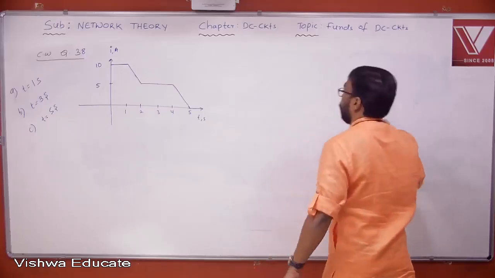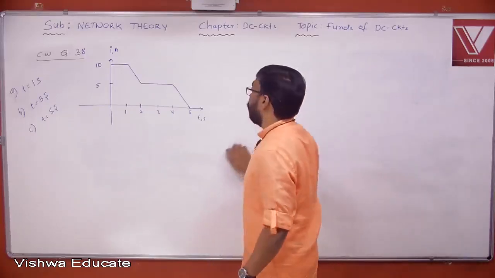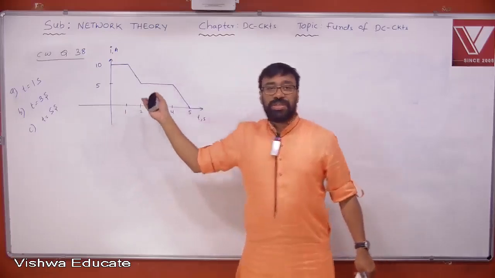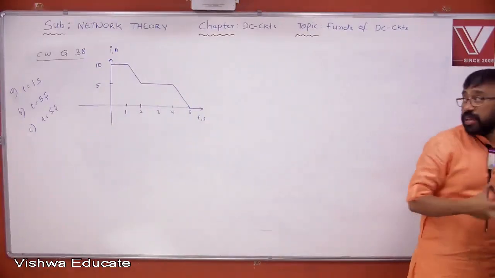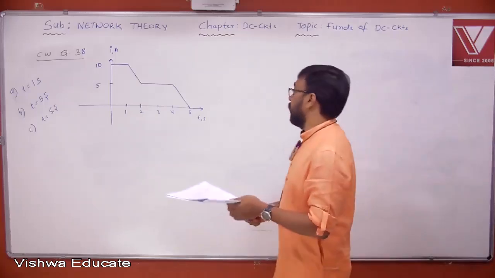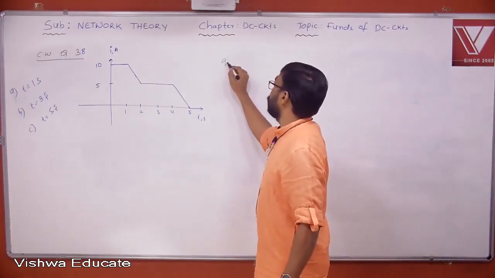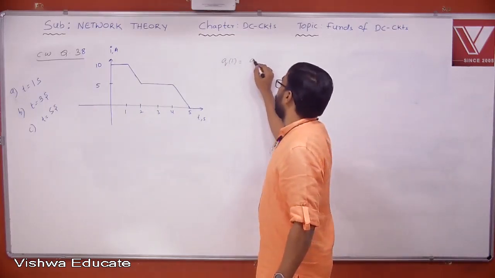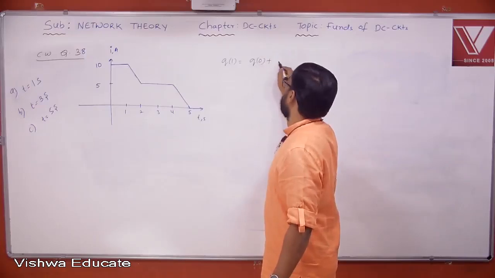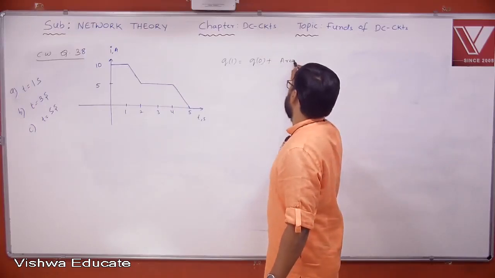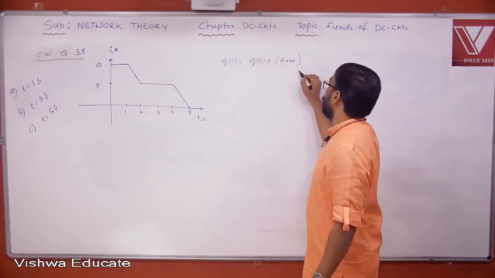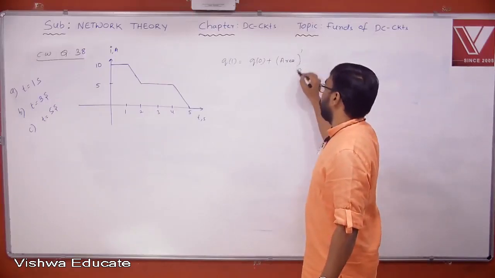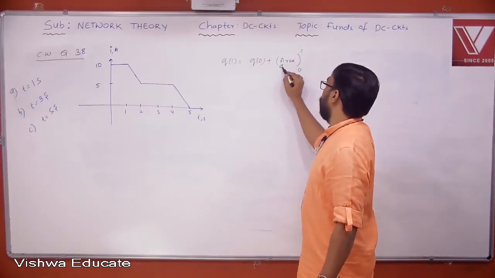But I told you already, when you have straight lines, the shapes are very clear, so you can directly go with the area calculation instead of integrations. So can I write something like this? Q of 1 is nothing but Q of 0 plus the area under I of t between 0 to 1.